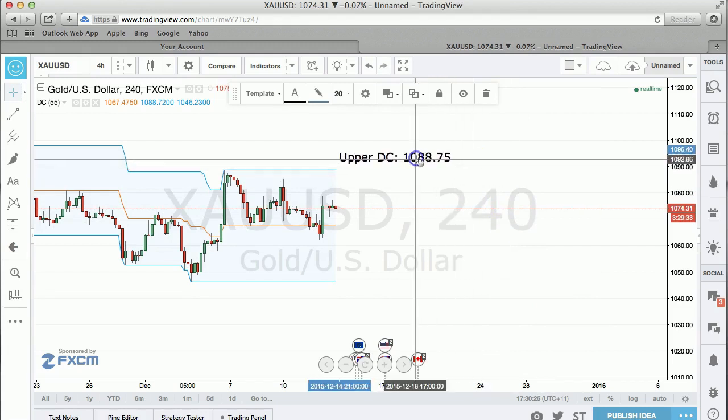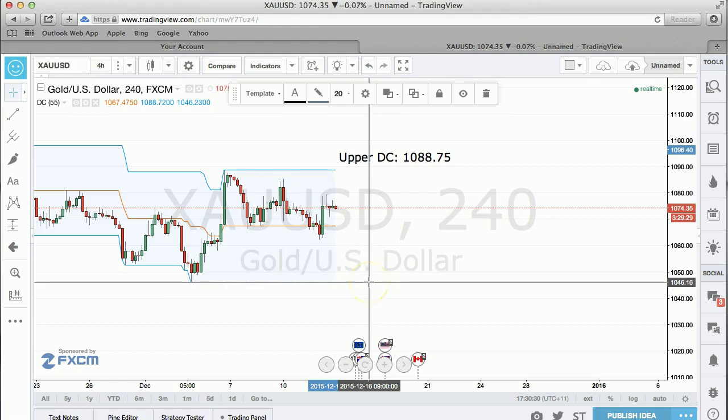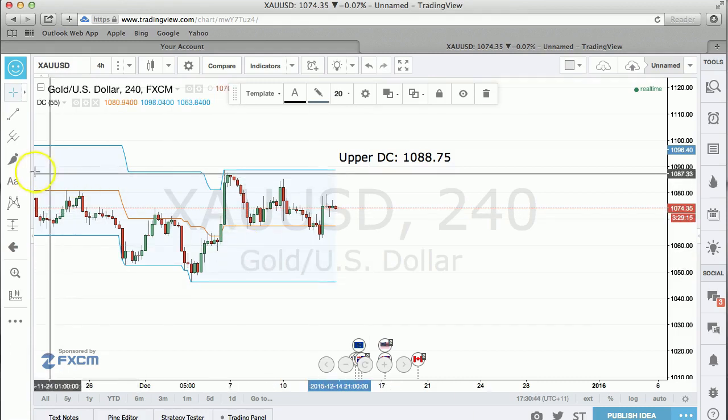And for the lower Donchian channel, I'm going to do the same thing. I see that right here, the lower Donchian channel, when aligned with my cursor, is at 1046.16. I'm going to make it 1 pip below the lower Donchian channel. So it's going to be 1046.06.